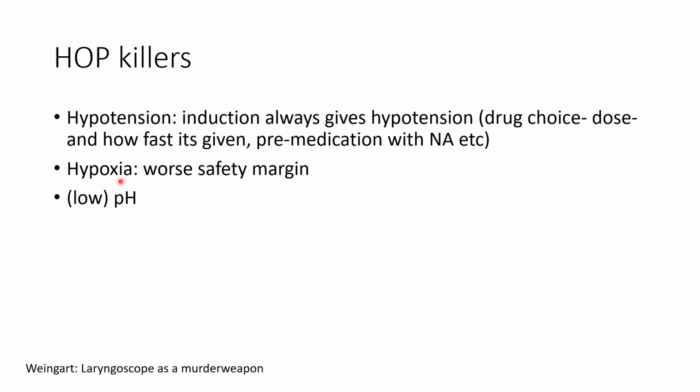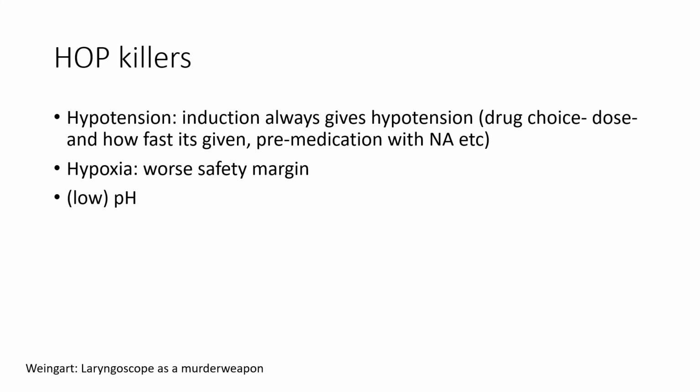And the thing about hypoxia is that, as we will come to, pre-oxygenation is really important before you go into your induction. You need to fill the lungs with oxygen, and you need to remove all the nitrogen so that more oxygen can come in. That's the purpose of pre-oxygenation.